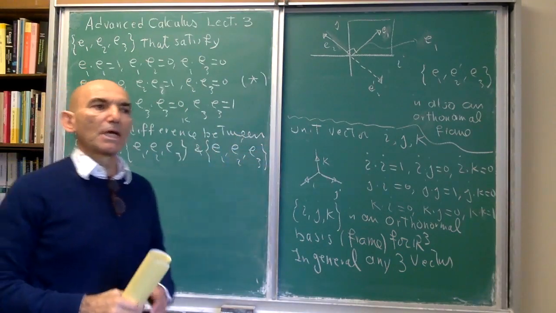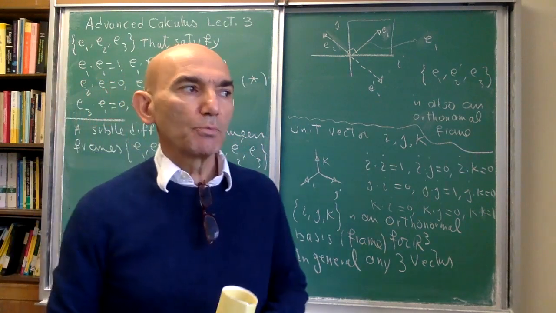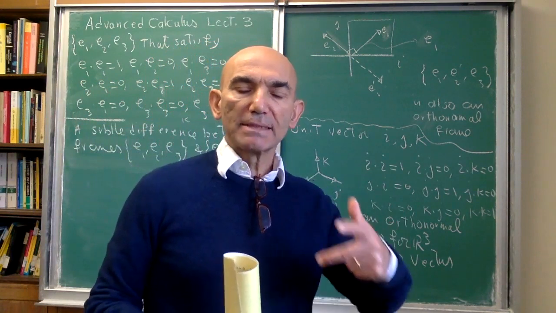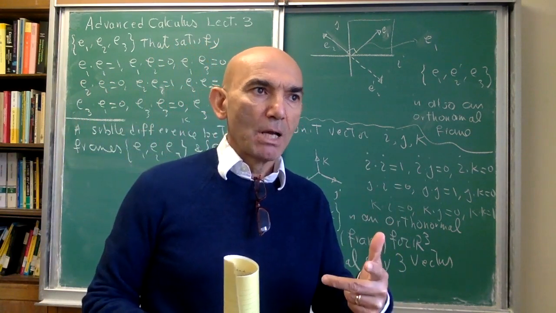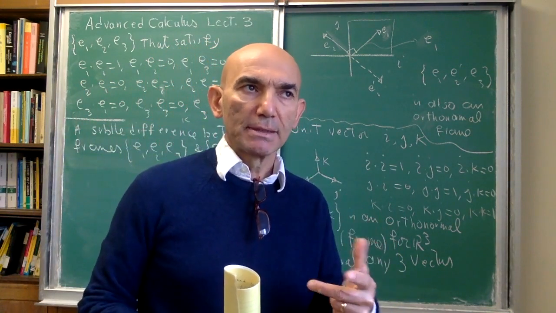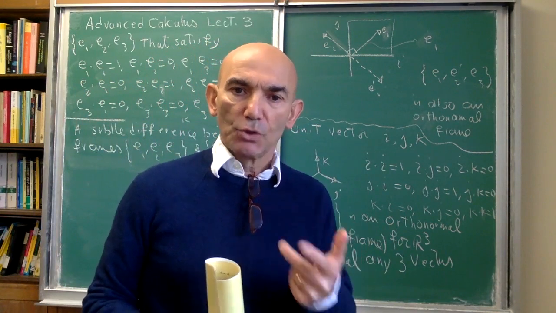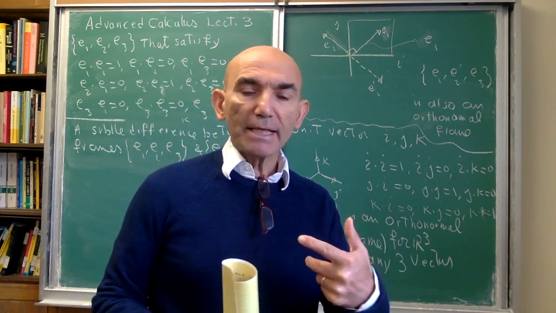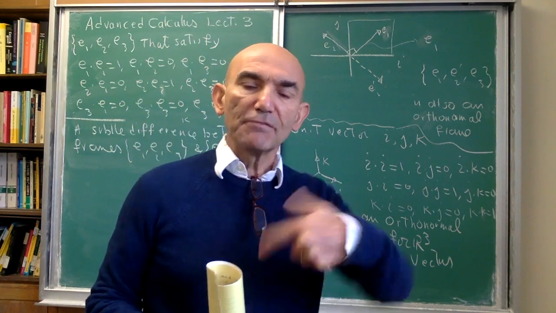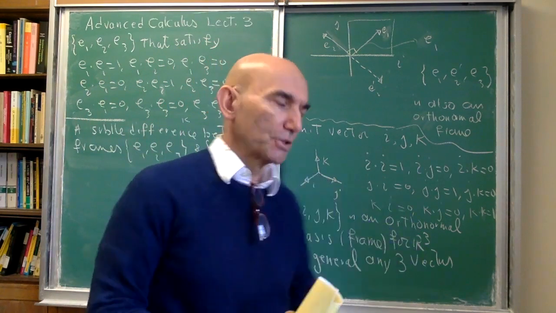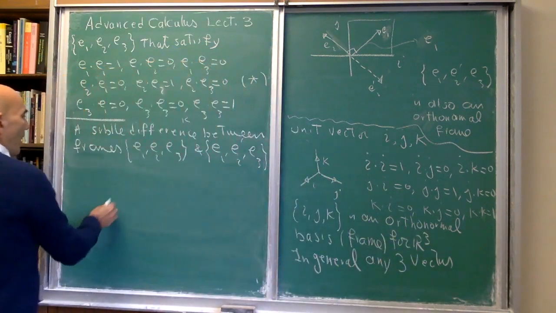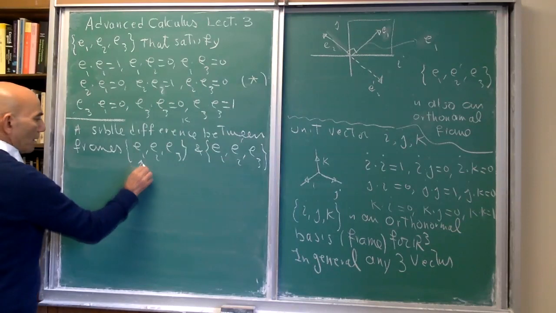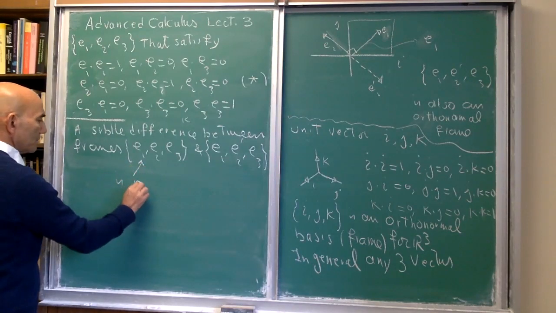So the difference between these two bases is that the first one has the same orientation, or in other words, is right-handed, same orientation as the original orientation of the space, which is IJK. The second one has a different orientation, the opposite orientation. This guy is right-handed.